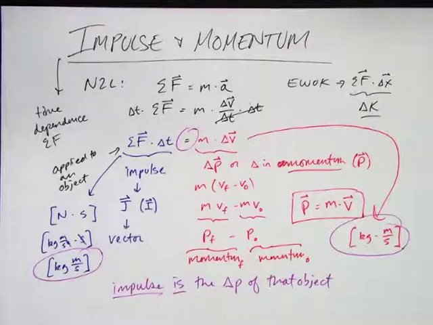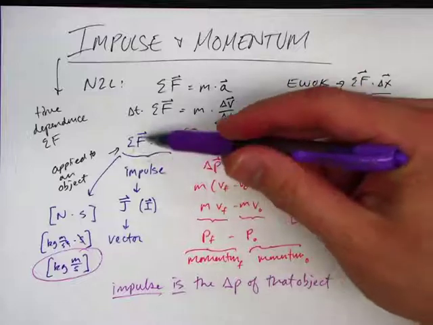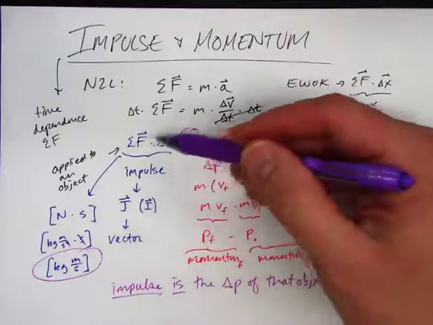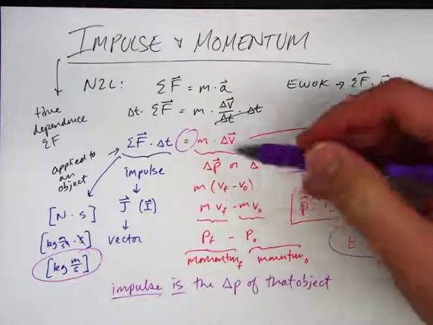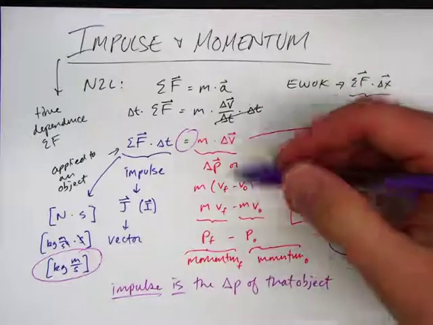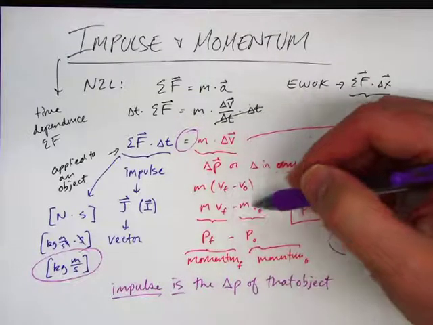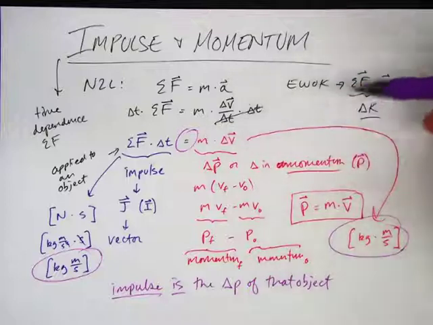So impulse and momentum are derived from Newton's second law. They're ways of expressing the change of the motion of an object in terms of the force and the time over which it's applied. Impulse we typically describe as force times time, a vector quantity. Momentum we typically describe as the mass times the velocity, or change in momentum as the mass times the final velocity minus the mass times the initial velocity. Be very careful, because this is a vector and directions count.